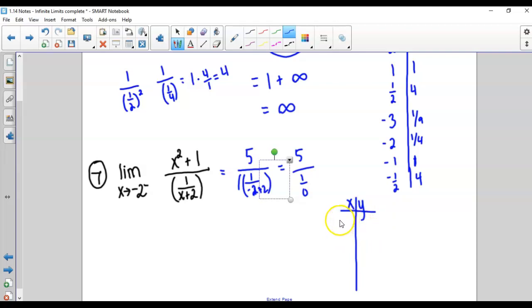So we're approaching from the left. If we look at just the bottom portion and try 0, we've got 1 over 2.